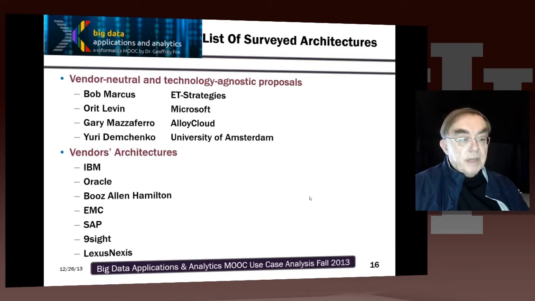Then we looked at the vendors' architectures, which cover a variety of different types of vendors: IBM, Oracle, Booz Allen, EMC, SAP, Ninesight, and LexisNexis. Out of all that came a descriptive discussion of architecture, which I won't go through, and then a final sort of summary where it puts everything together.